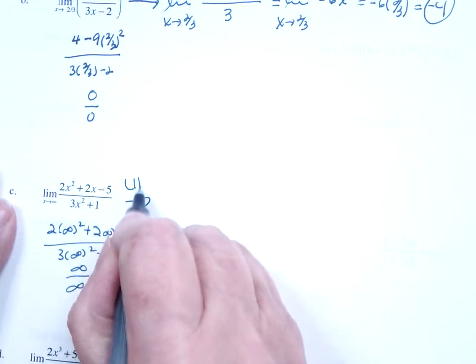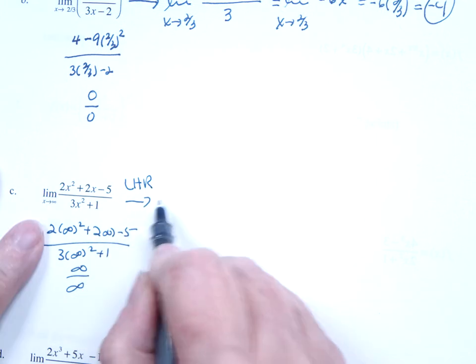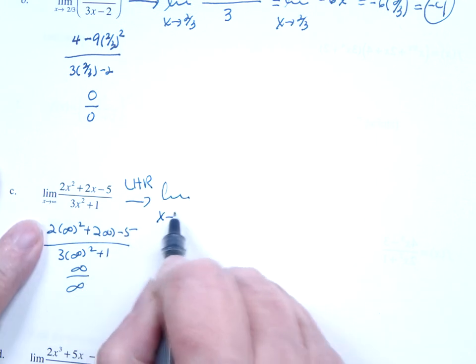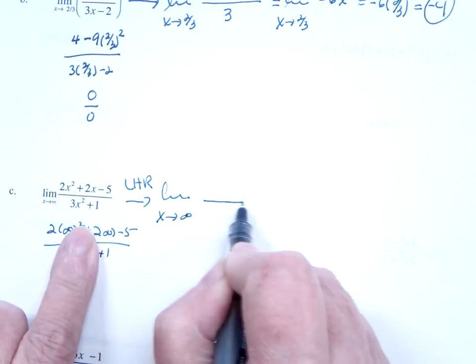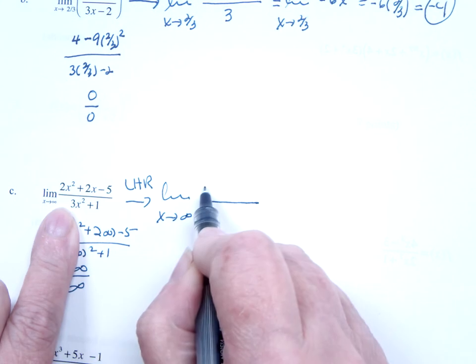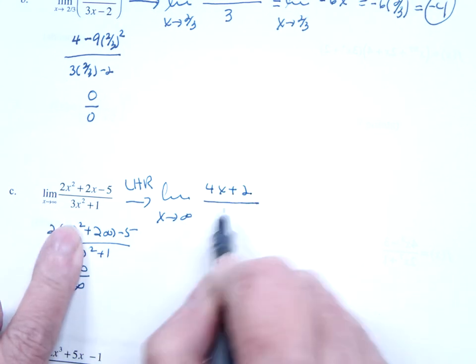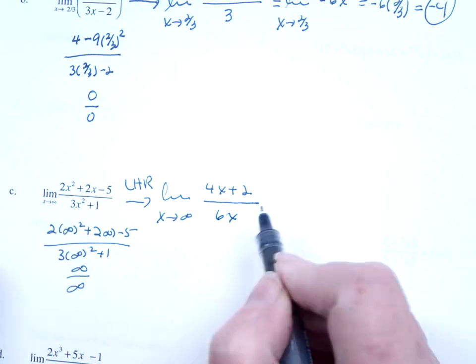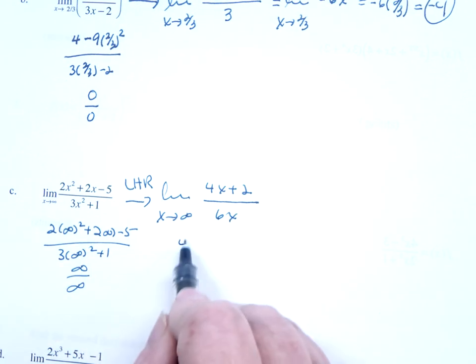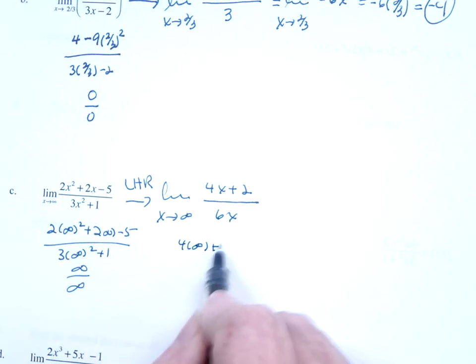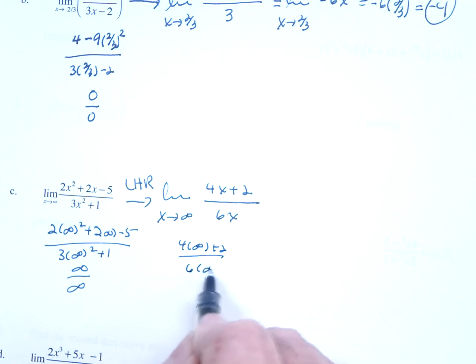So using L'Hopital's rule, this becomes the limit as x goes to infinity of, the derivative of the numerator is 4x plus 2. The derivative of the denominator is just 6x. But now if I plug it in, this is 4 times infinity plus 2 over 6 times infinity.